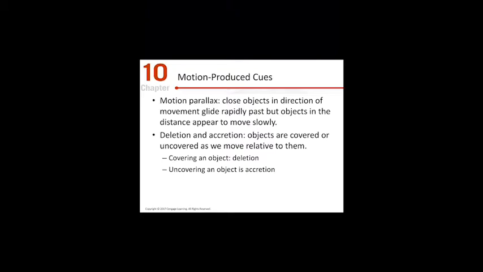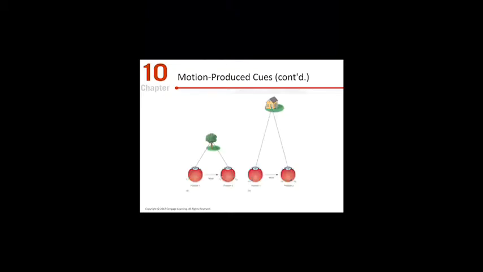And so this particular motion-produced cue of motion parallax can be explained, for example, by how it is placed on the retina.